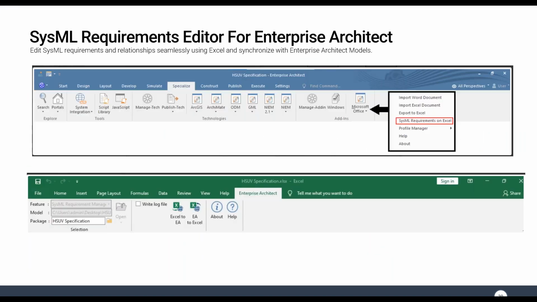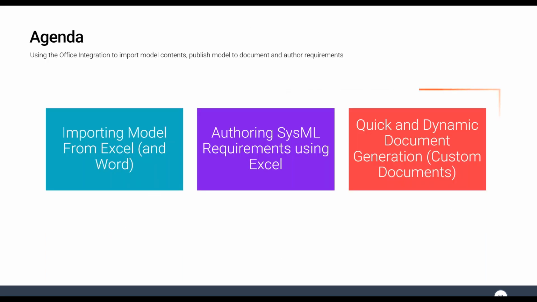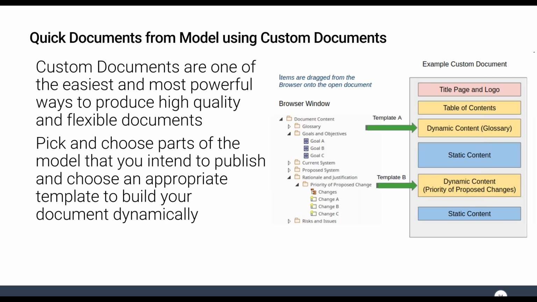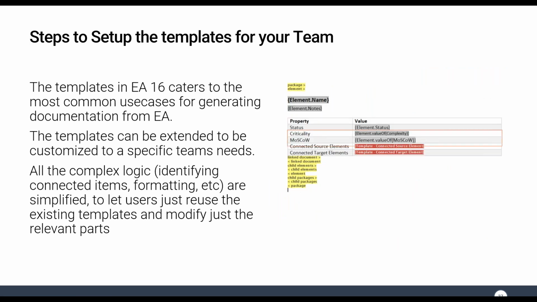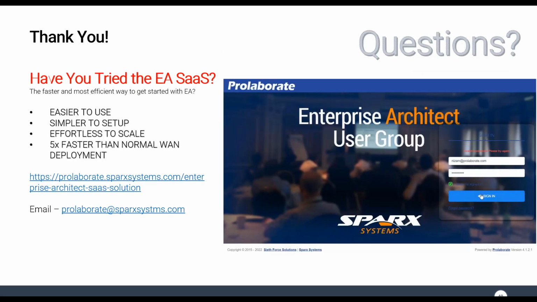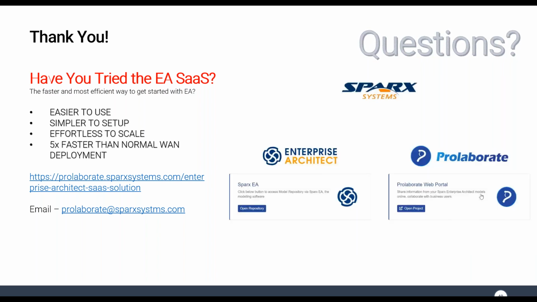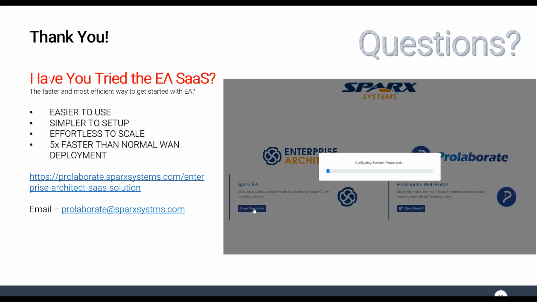I'd like to thank you very much, Nizam, for such a comprehensive presentation. I think it's really great if people do have SysML requirements that are sitting in Excel documents to bring it into EA and to be able to model that. I'm also really excited to see you showcase how some of the new document templates make it so easy.